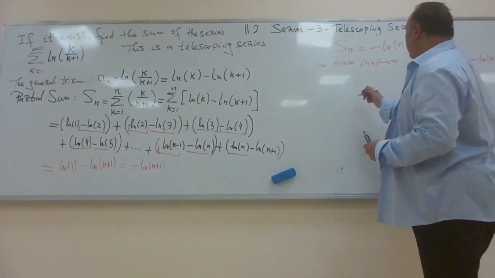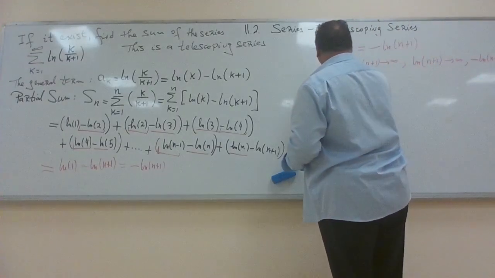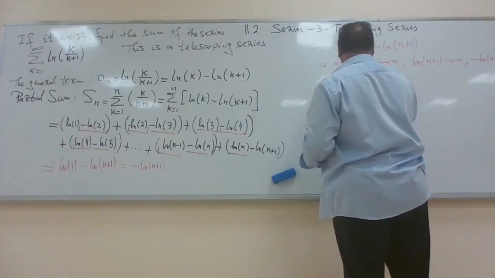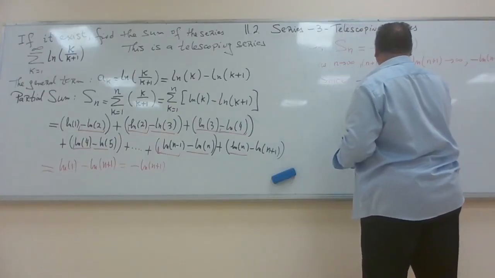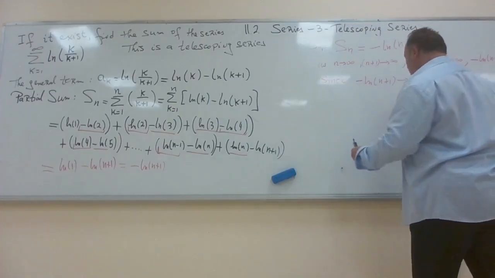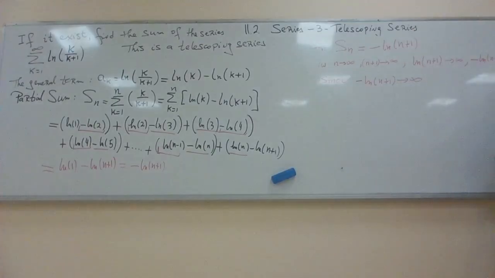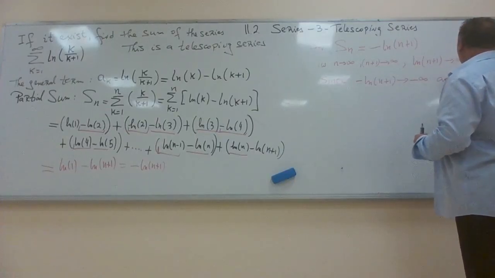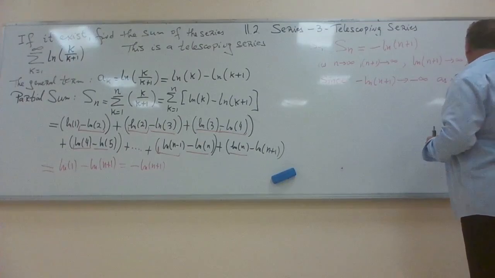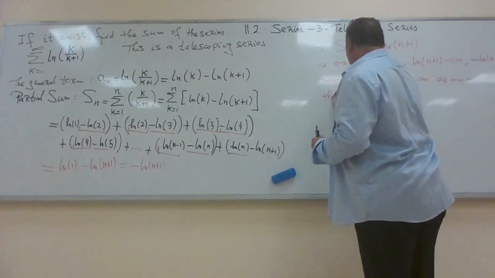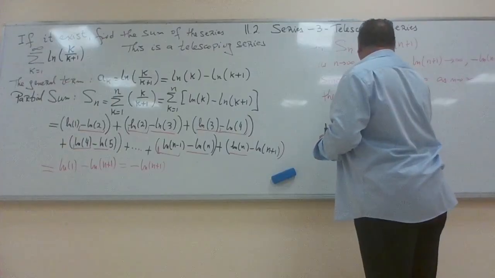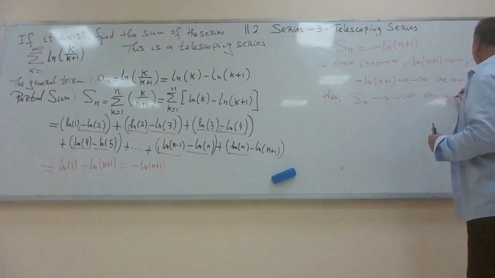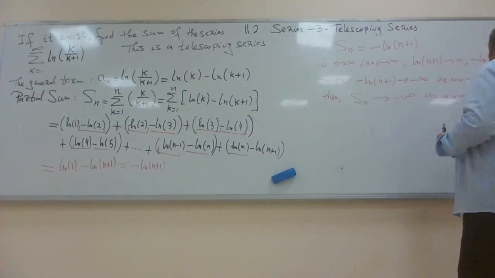Which means, since negative ln(n plus 1) goes to negative infinity as n goes to infinity, then Sn goes also to negative infinity as n goes to infinity.